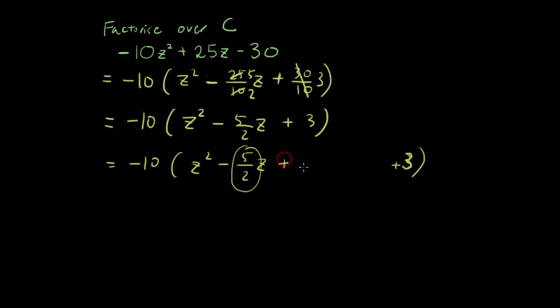So that is going to give me 5 over 4 squared, because what's 5 over 2 halved? 5 over 2 divided by 2 is 5 over 4. And then I'm going to square that. I'm going to add it on and take it away again.